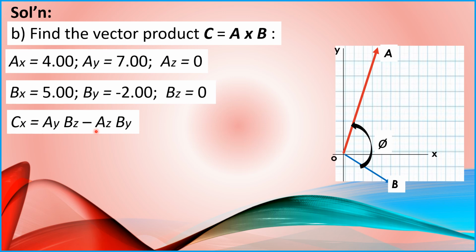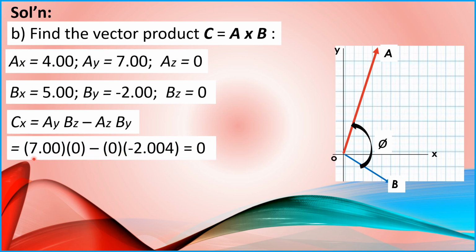Using this formula, the x component of vector C is equal to the product of the y component of vector A and the z component of vector B minus the z component of vector A times the y component of vector B. Substituting, we get 7.00 multiplied by 0, because bz is equal to 0, right?